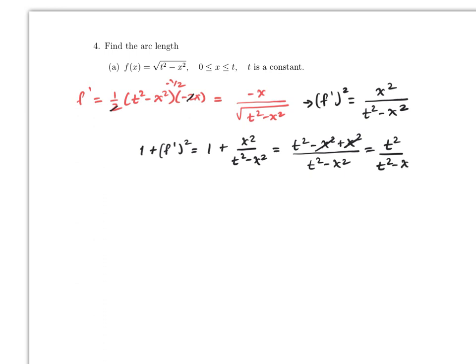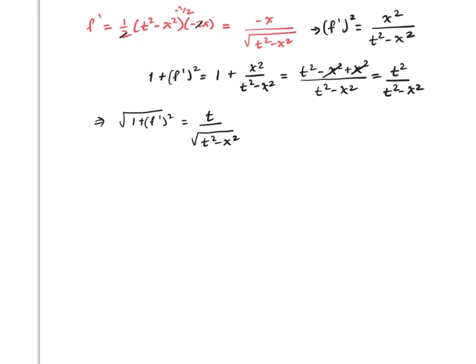And then you need the square root of this, which means, let me do that here. So you use the square root of 1 plus f prime squared. It will be the square root of t squared over t squared minus x squared, so it's squared.